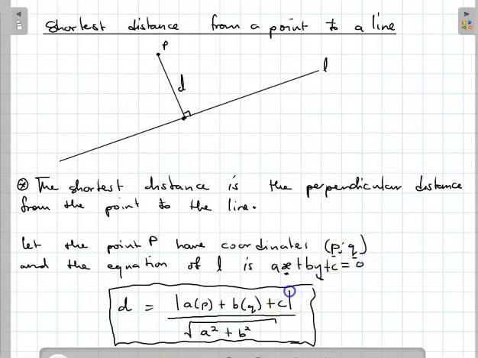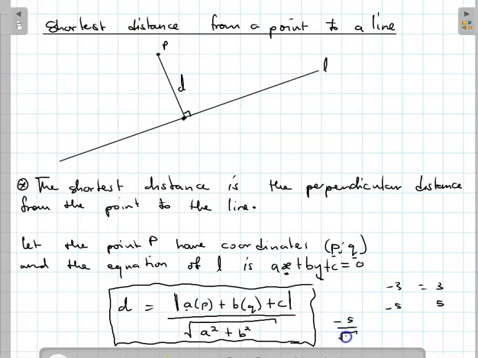Now these strokes, this line and this one, are simply telling you to take the modulus, which means once you evaluate the expression, whatever you get, positive or negative, just take the positive of it. If you get minus 3, treat it as 3. If you get minus 5, treat it as what? As 5.